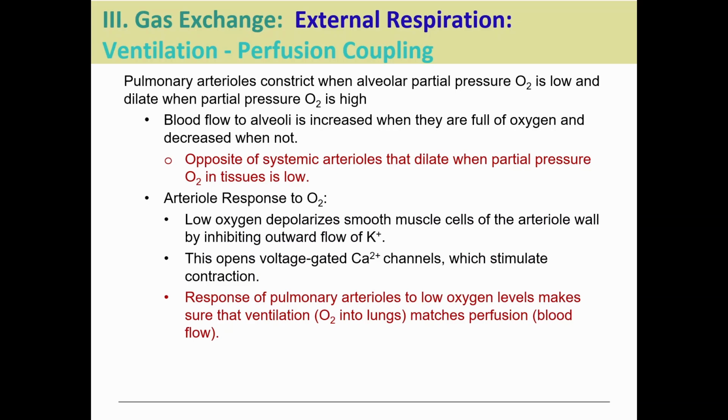Basically, we want to increase blood flow to alveoli when they're full of oxygen and decrease it when they're not. So when there's low oxygen, this is going to cause the smooth muscle cells to depolarize, which is going to inhibit the potassium flow. This opens the calcium channels, which then stimulates contraction.